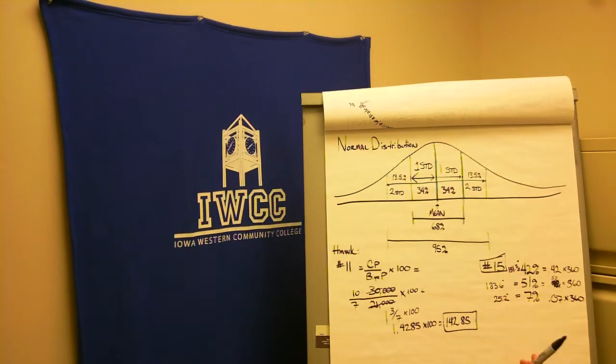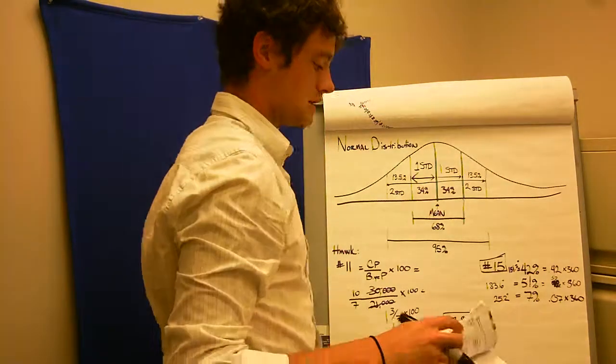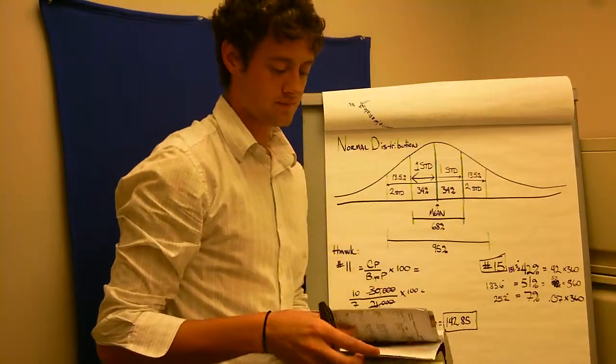Since we have to get these to decimals and multiply by the degrees in a circle, we have 0.42 times 360, 0.51 times 360, and 0.07 times 360. It's a simple calculation, so you get 151.2, 183.6, 25.2. So that is chapter 22.